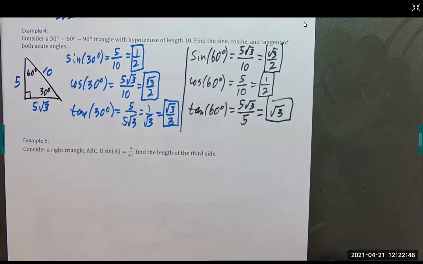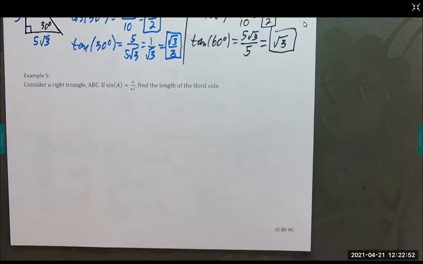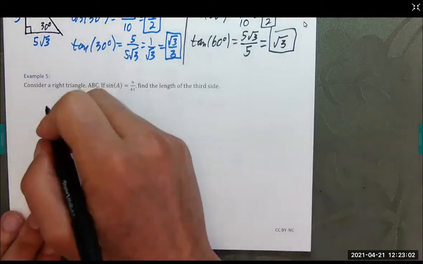One more to go. Consider the right triangle ABC. If sine of A is 9 over 41, find the length of the third side. All right, so let's draw a nice big triangle here.